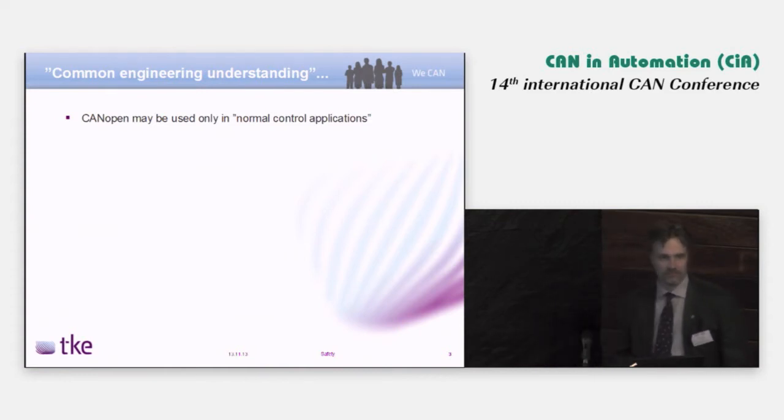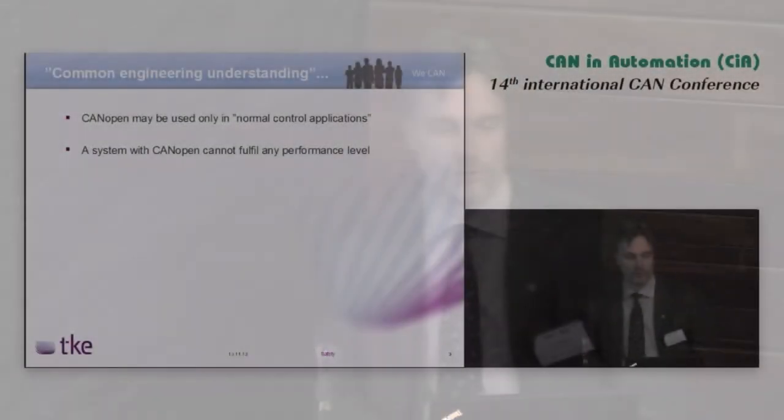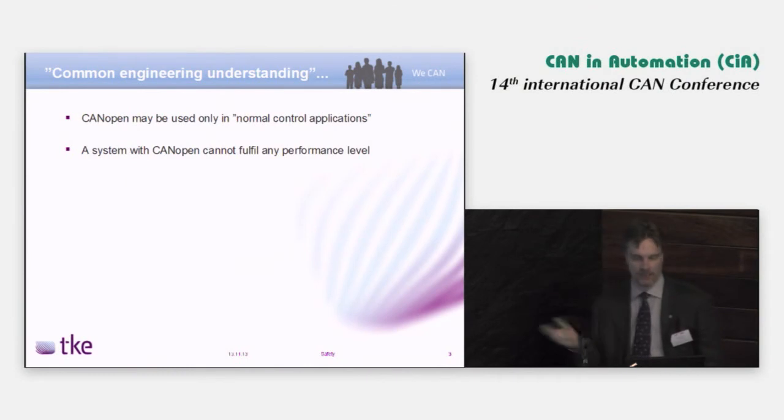But still, the very early publications from Bosch, since the late 80s, define that one of the main design principles has been that there is never an undetected communication failure during the vehicle's life cycle. And as a consequence, the majority of control engineers have understood that no performance level can be achieved with CANopen.